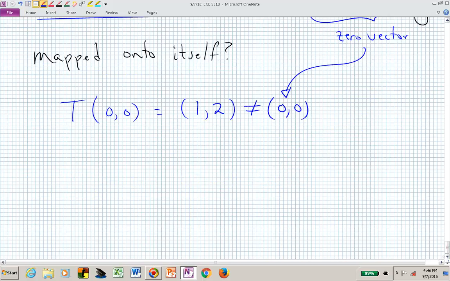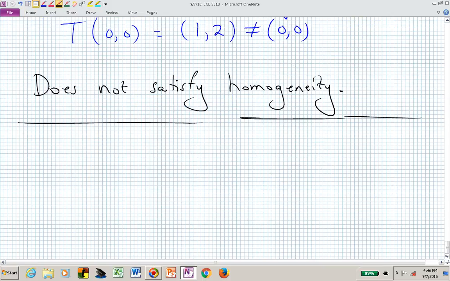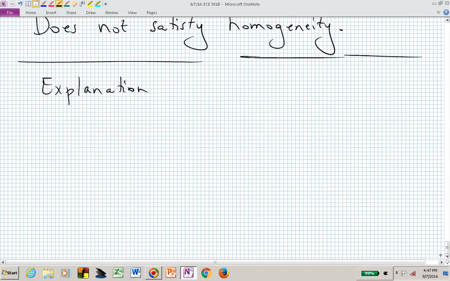So this actually violates homogeneity. Let's try to explain this to make it a little more clear why we are able to use this as a counterexample to a map being a linear map.